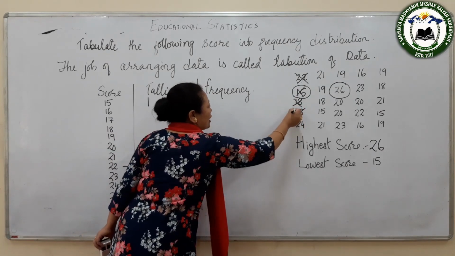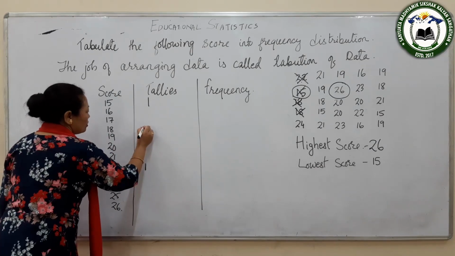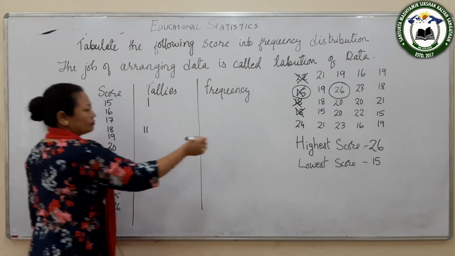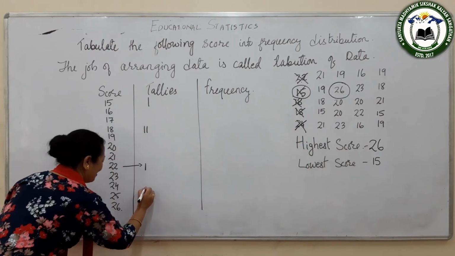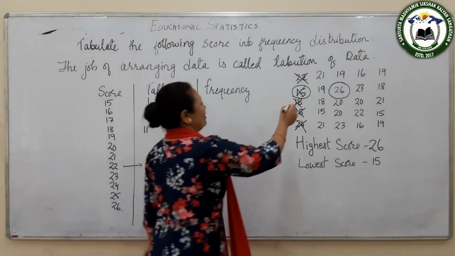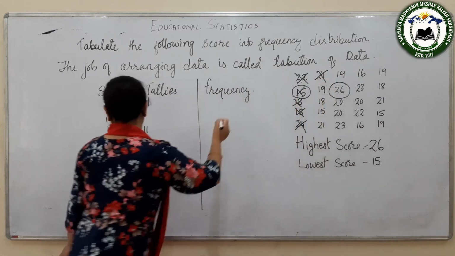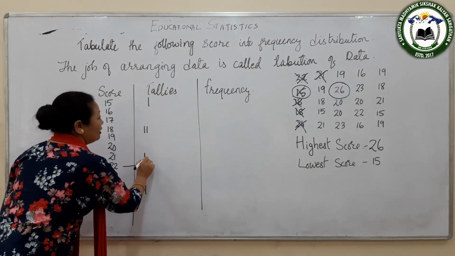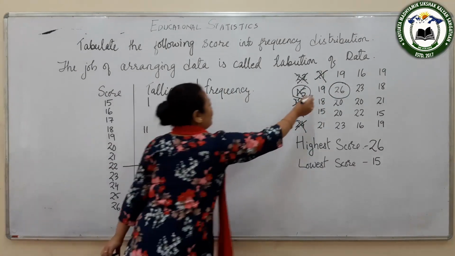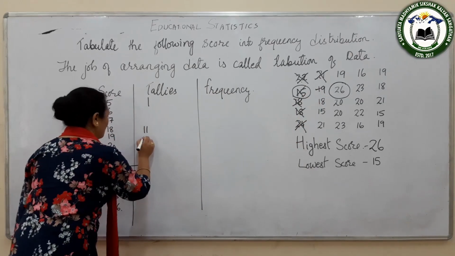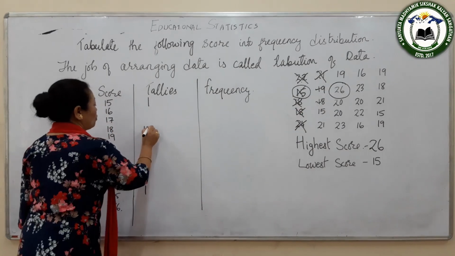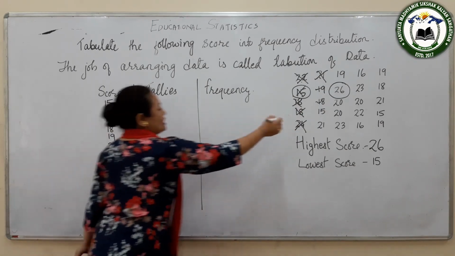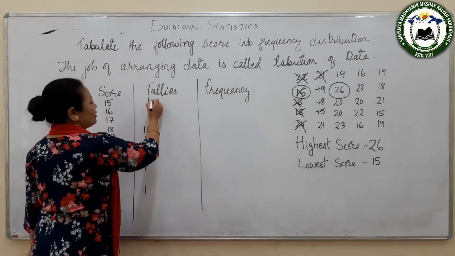18, we have 2 18s, so 2 18. 24. 21, over here 21. 19, we have 1. 18 again, 1. 15, like 15.